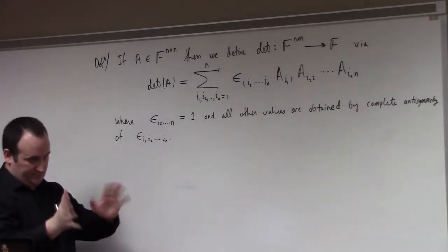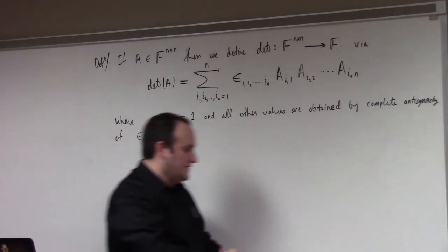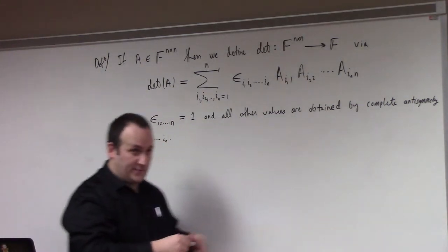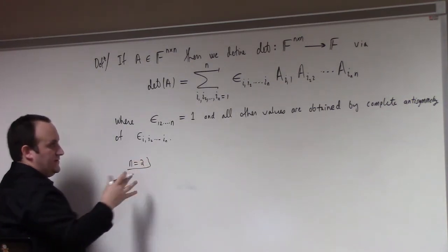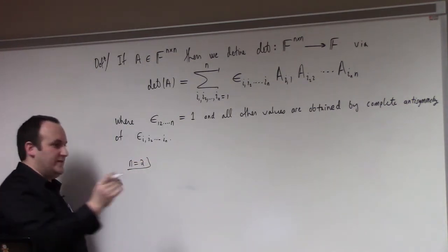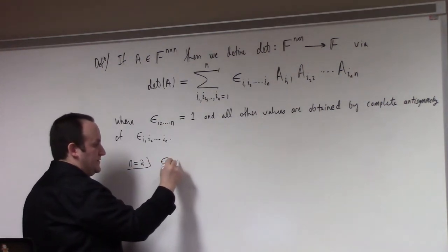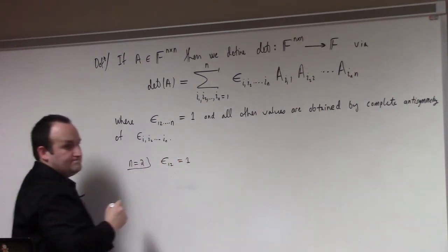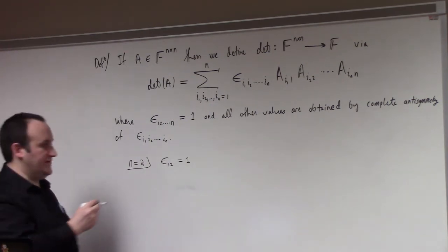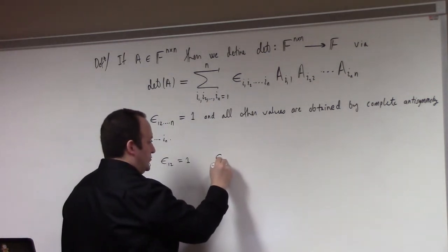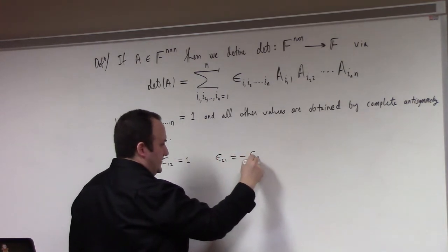Let me unravel this notation for you in the 2 by 2 case. All right, let's start out small. So I'm saying epsilon 1, 2 is equal to 1, all right? Antisymmetry says epsilon 2, 1 is equal to minus epsilon 1, 2.